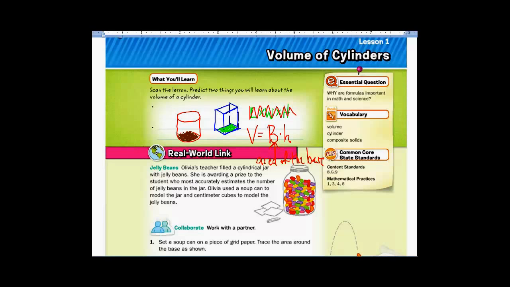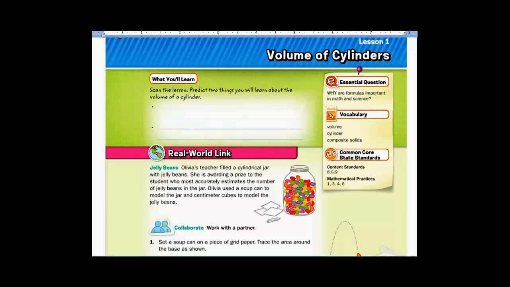All right? So we're going to get some practice on that. But before we do, I just want to look at this example that I have here on the page. I know at some point in the past, you've had to guess the number of jelly beans in a jar, guess the number of whatever in the jar. That is a practical application of volume.